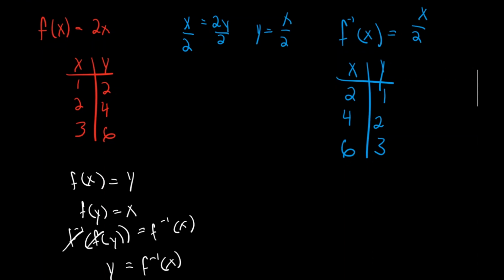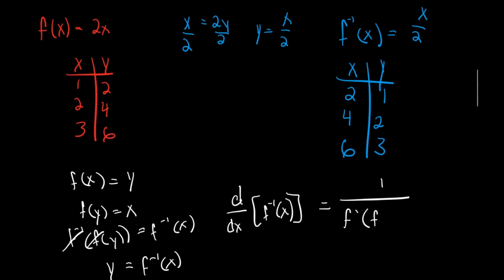Now as we move on to the derivative portion, when we find the d over dx, the derivative of an inverse, this can simply be rewritten as 1 over f prime of f inverse of x.